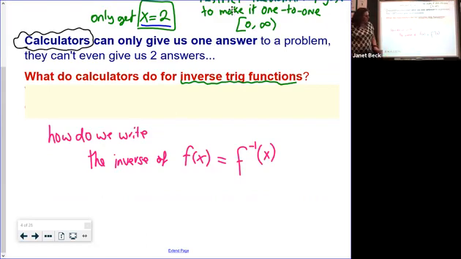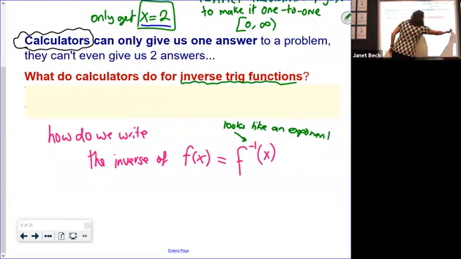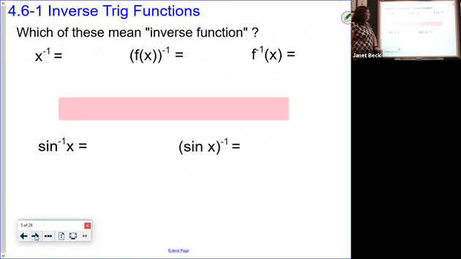And it can get a little confusing because this looks like an exponent. But it isn't an exponent. Exponents are very different from inverses. So look at that. x to the power -1 actually means 1 over x. When this is the exponent there, that's an exponent, the answer we get is the reciprocal.